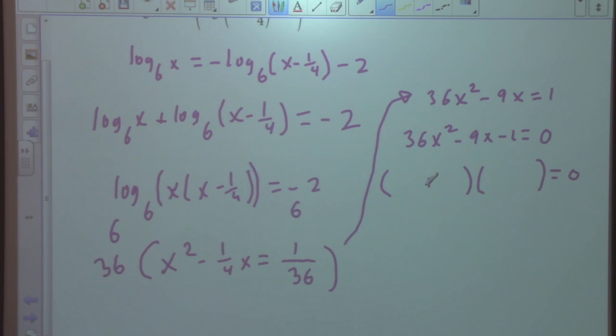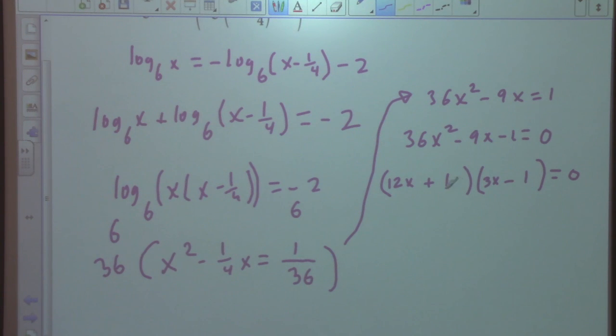Well, you'd have plus or minus 1, right? You know that, if it's factorable. So what are you going to have for the rest of this? 36, 12 and 3, right? Which one's going to be what, 12x here and 3x? It's going to be backwards. It was 3 right there, and then this is 12x.